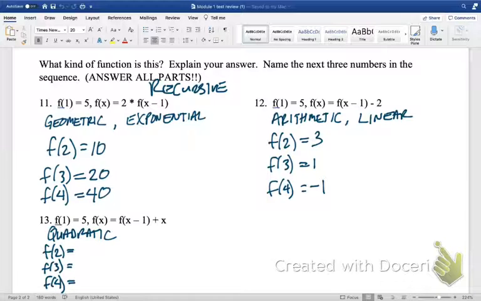And so what this is telling us is that we are going to take our previous output and then add our input. So our previous output was 5, and we need to take 5 plus 2, which gives me 7. 7 plus 3 gives me 10. 10 plus 4 gives me 14. So you take your previous output and add your input.